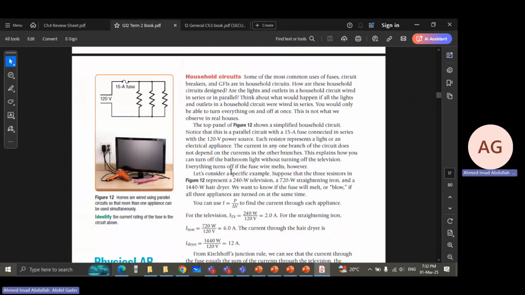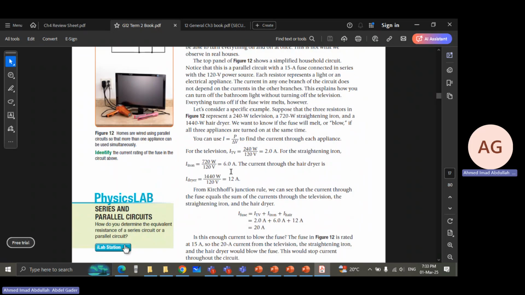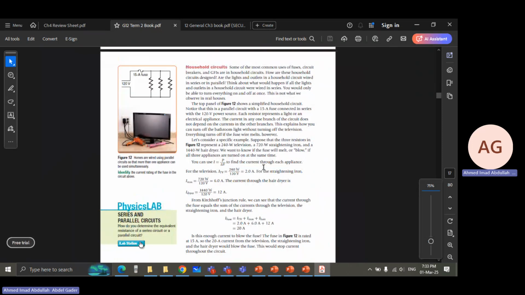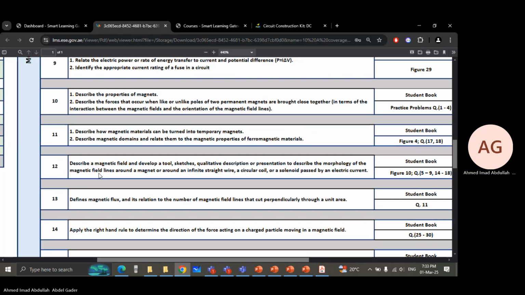Unfortunately, my version of the book has different numberings to the one you might have at home. So just feel free to pause and go through this page. This page relates power to potential difference, to current, and to fuse ratings. This example should suffice when it comes to the aforementioned question.